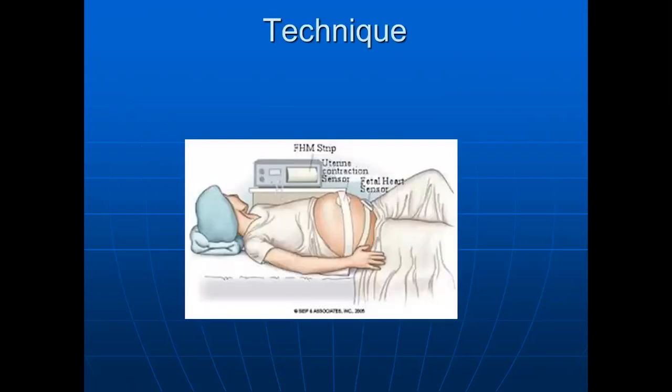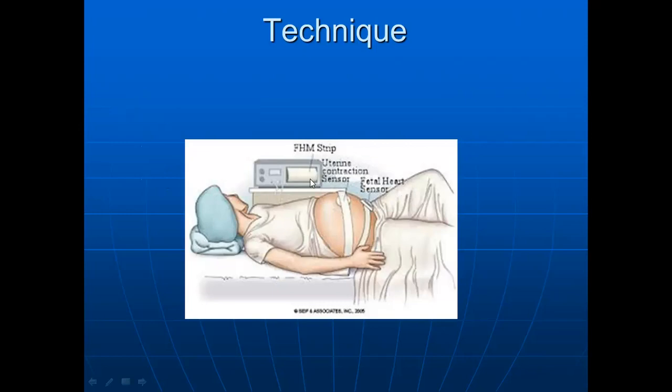The technique, how to do this. The patient in a flat position or semi-sitting position, with two probes: one probe to record fetal heart sound here, lower probe, and the other probe above the fundus to record sensor for uterine contraction.